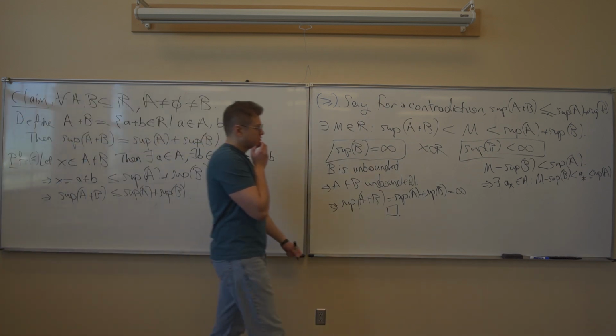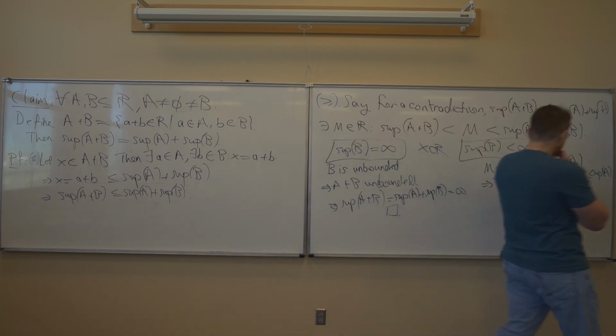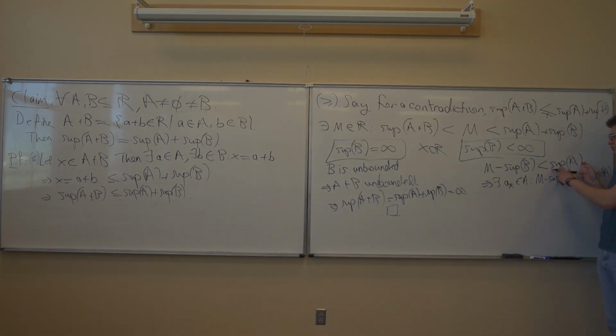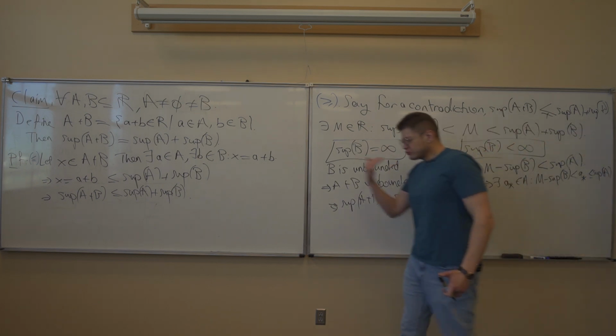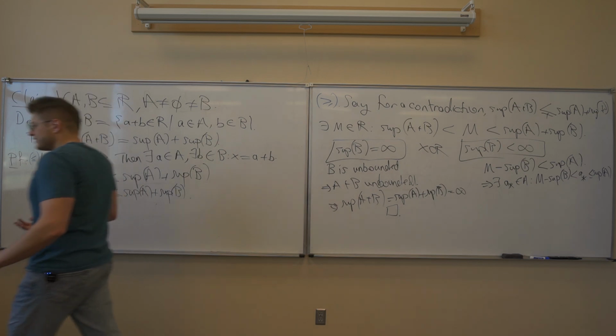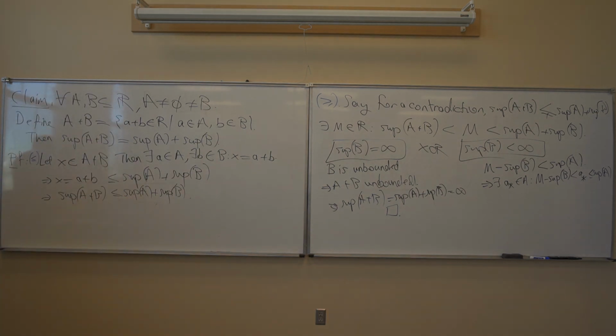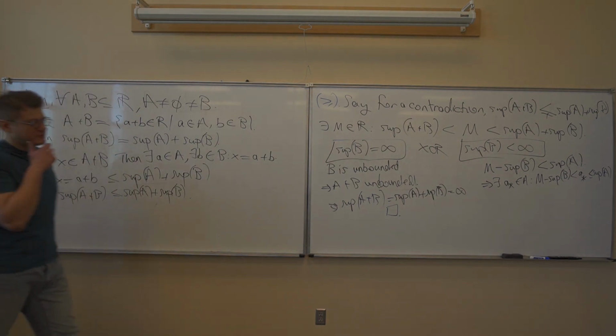So now I need to do something about this other guy. So you see, I was able to unfold sup of a, and I was able to get some actual element in my set that does things. It's a number now that is in A. Now I want to do something similar, and I want to convert sup of b to something that I can manipulate much easier.